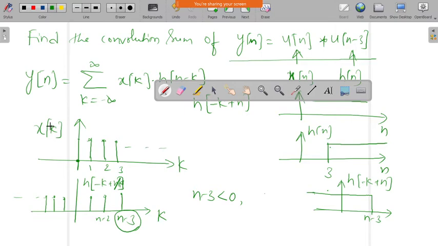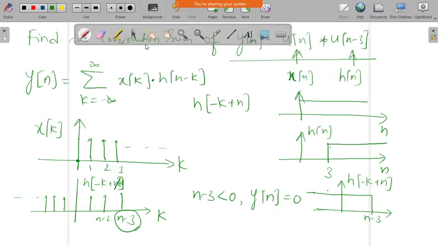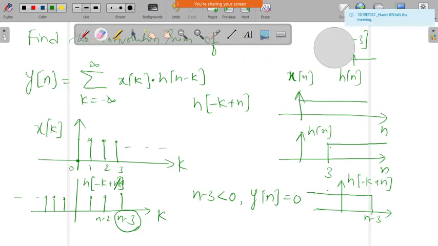The multiplication of these two will give 0, because we are multiplying here. So your y of n will be equal to 0. If n minus 3 is less than the 0 sample, the convolution will become 0 for this particular case.